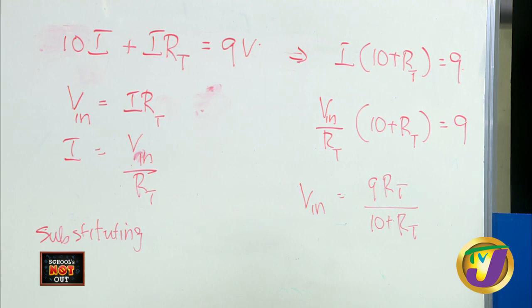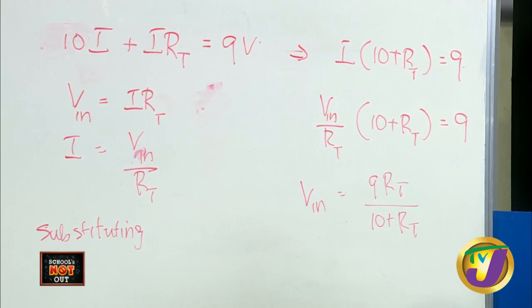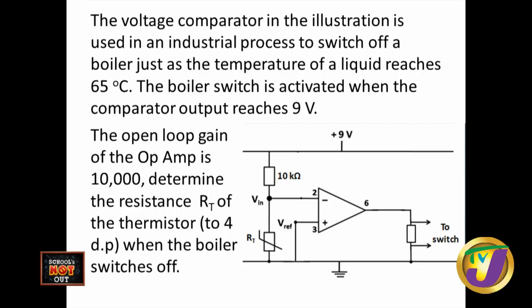So that's our situation. It says the open loop gain of the operational amplifier is 10,000, and when the comparator output reaches 9 volts, the thing switches on. When this becomes 9 volts, we can find a value for V in.